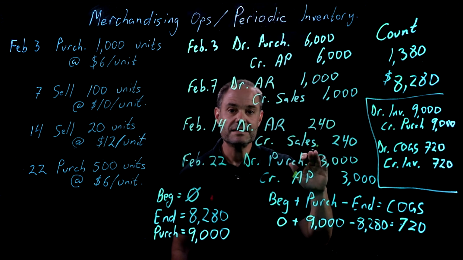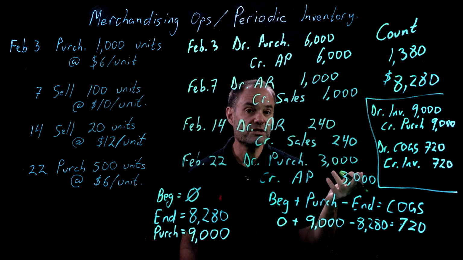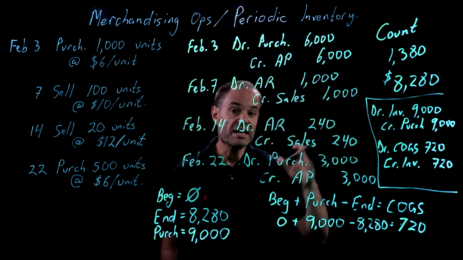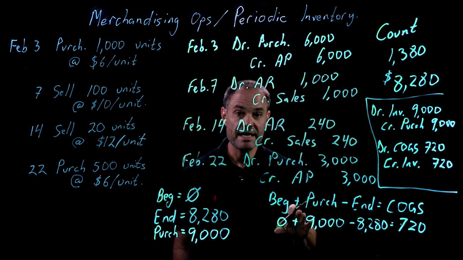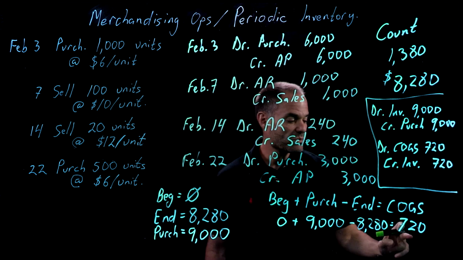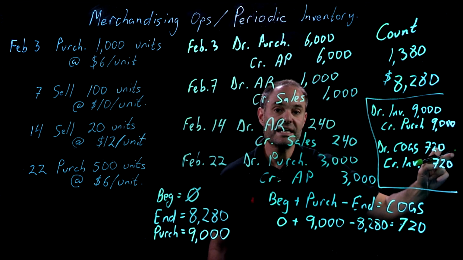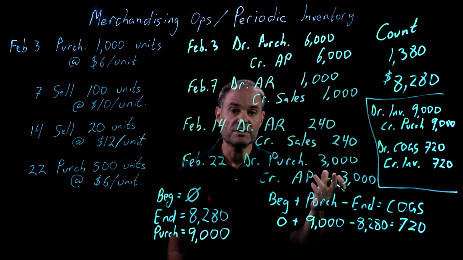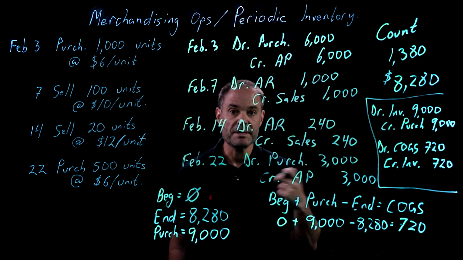So at any point in the month, you could have looked at your inventory account and determined how much inventory the company had. In this case, we couldn't do that. Our inventory account would have said 0 for the entire month, and only at the end of the month, when we did this calculation and then did these two adjusting entries, would we know how much inventory we have and what our cost of goods sold is. And that's essentially the difference between a periodic system and a perpetual system.